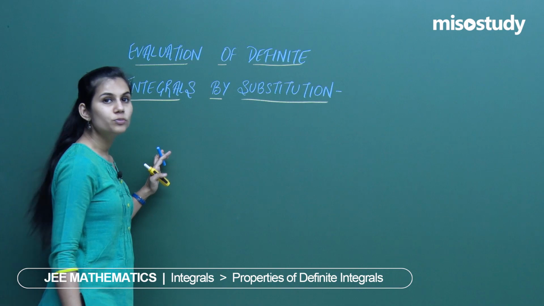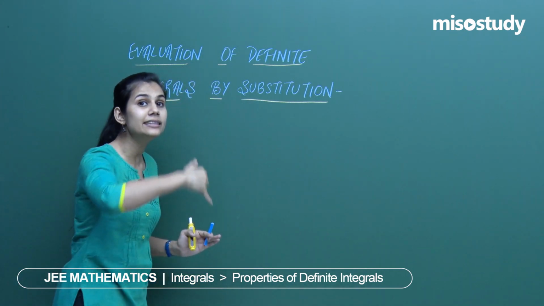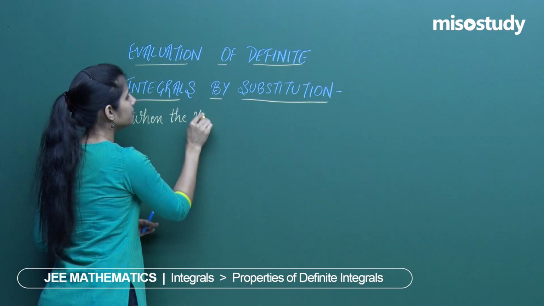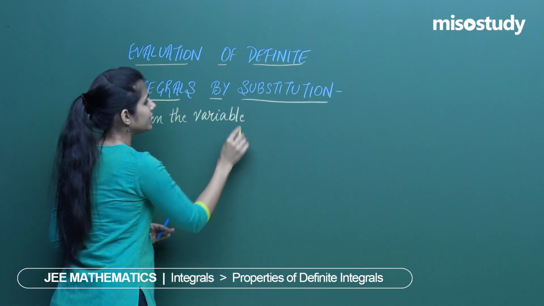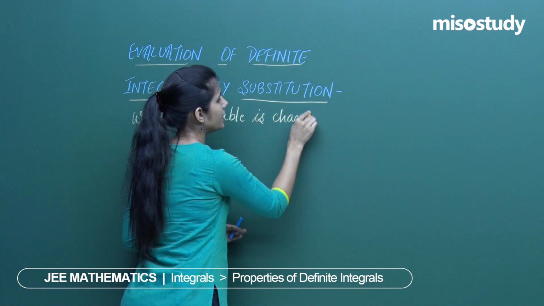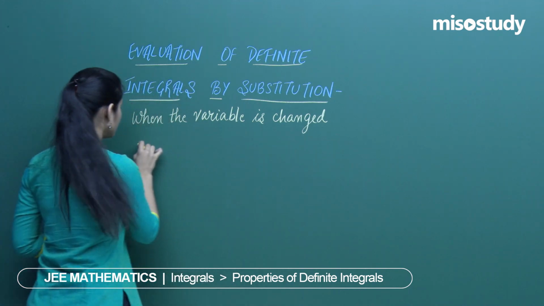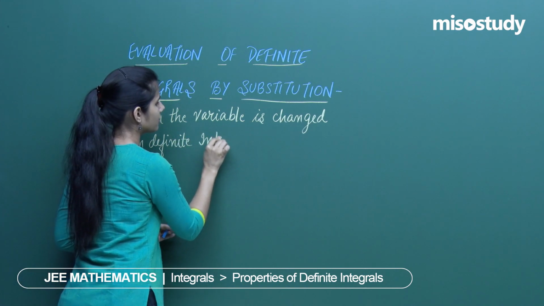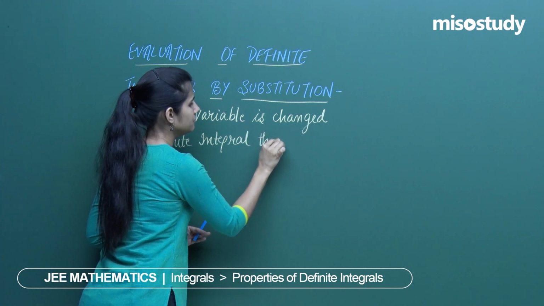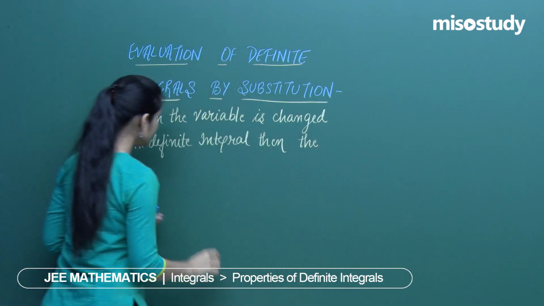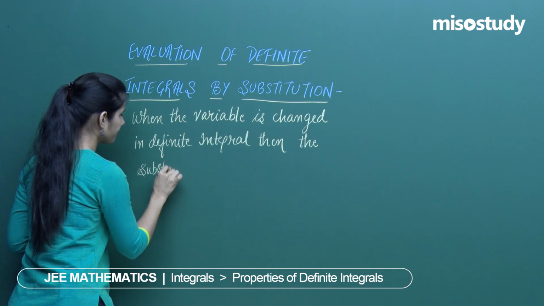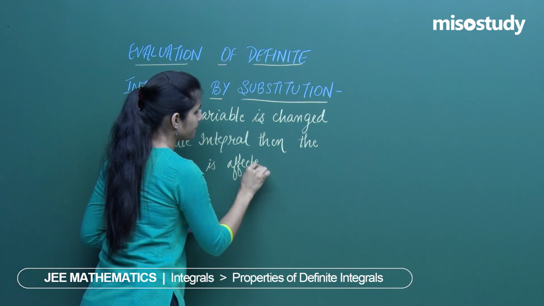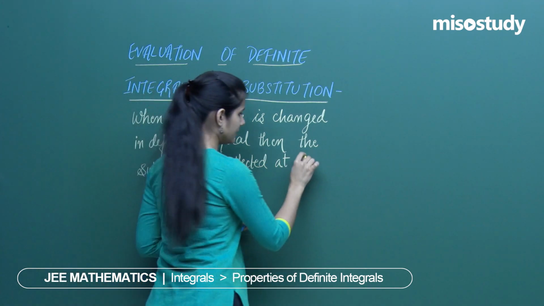And therefore, the only thing to be kept in mind if you are substituting inside the integral is that when the variable is changed in a definite integral, then the substitution is affected at three places.